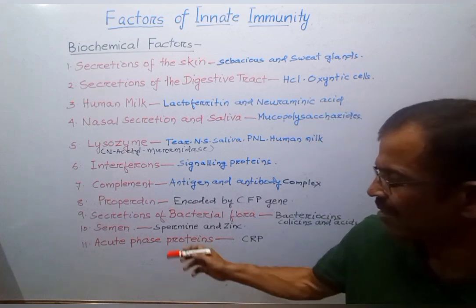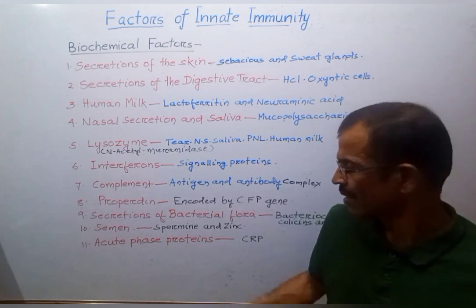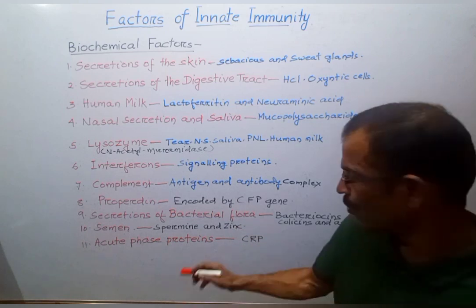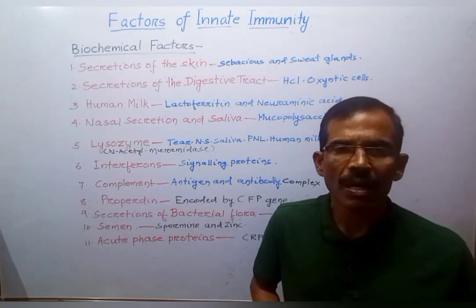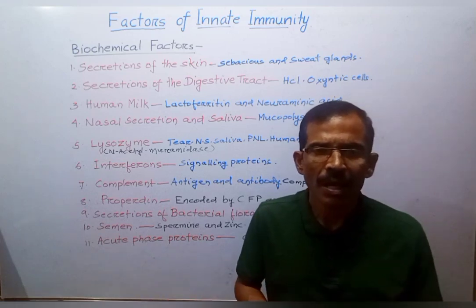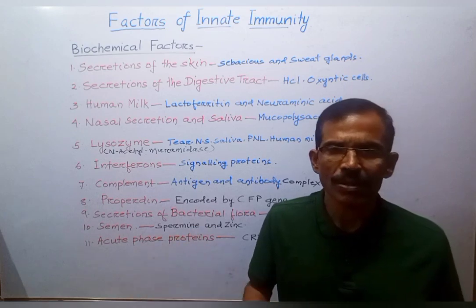Next factor is semen, which also contains various components such as spermine and zinc, and finally acute phase proteins, which are a class of plasma proteins whose concentration either increases or decreases in response to inflammation.